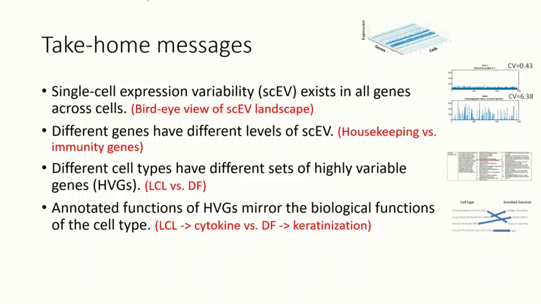Consider the variability, okay? The single cell expression variability exists in all the genes. All the genes you found this variability, this noise. It's just some of these have higher, some have lower variability. The level is different.